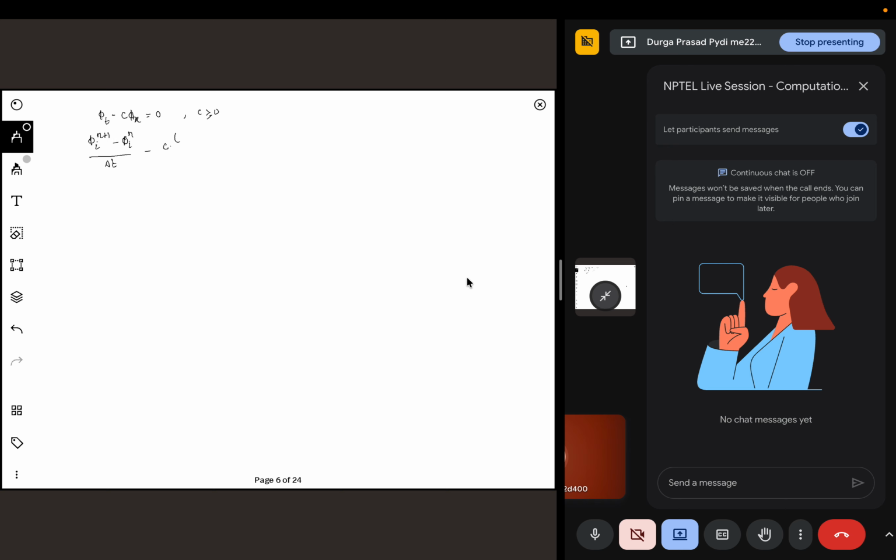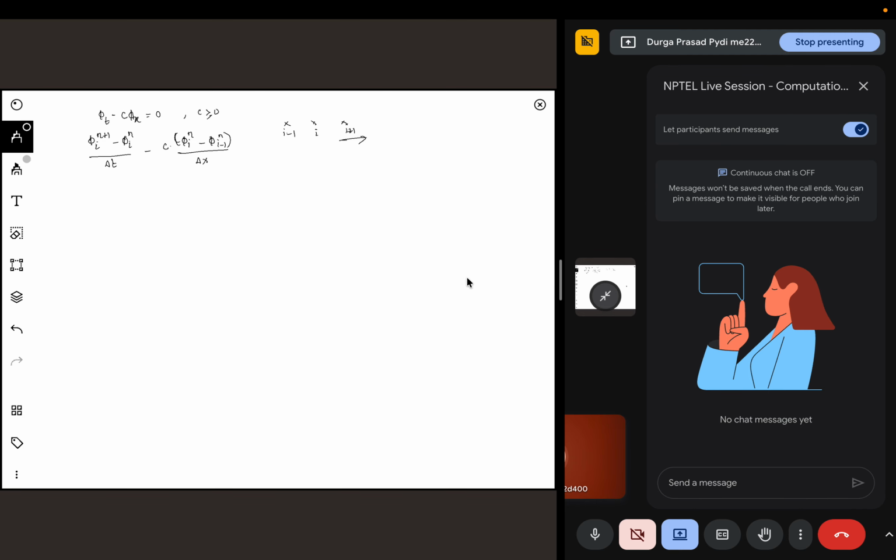For upwinding, c is positive, which means I have to use the information from the previous cell, as information is propagating in this direction. So I should not use this cell. I should be using the one behind it. So my scheme will be (phi_i^n minus phi_{i-1}^n) by delta x.